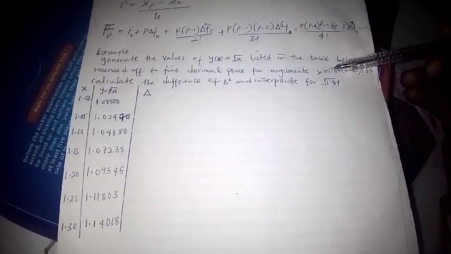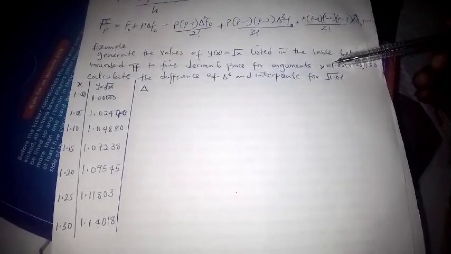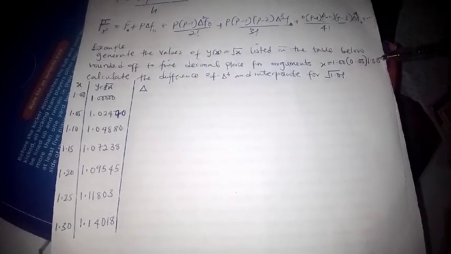It says you should start from 1 and end at 1.30, and the rate at which 1.00 moves to 1.30 should be 0.05.